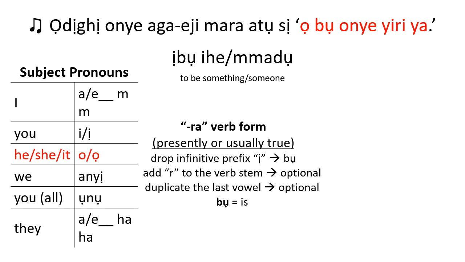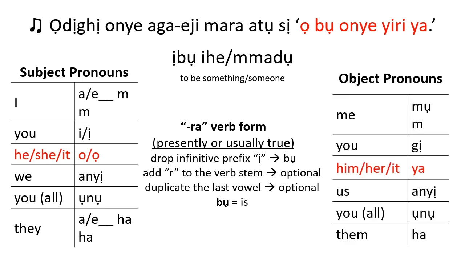Next, we know that onye is someone or person, yiri is resembles, and ya is the object pronoun him. We're talking about a person resembling God, so that ya again is referring to God. So, to put the entire sentence together, we have the following.